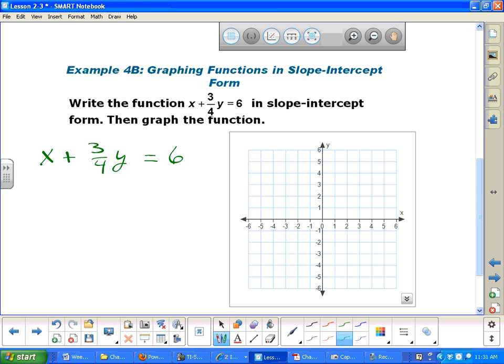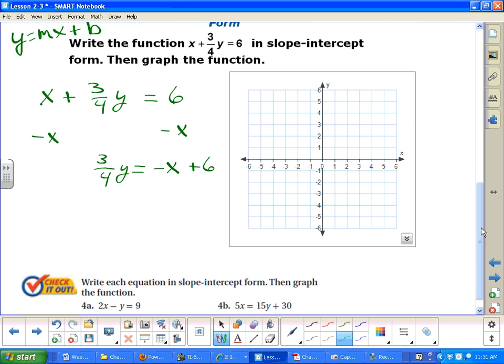So we want it in y equals mx plus b form. So the y by itself, so we'll subtract x first. All right. Put the x term before the constant.